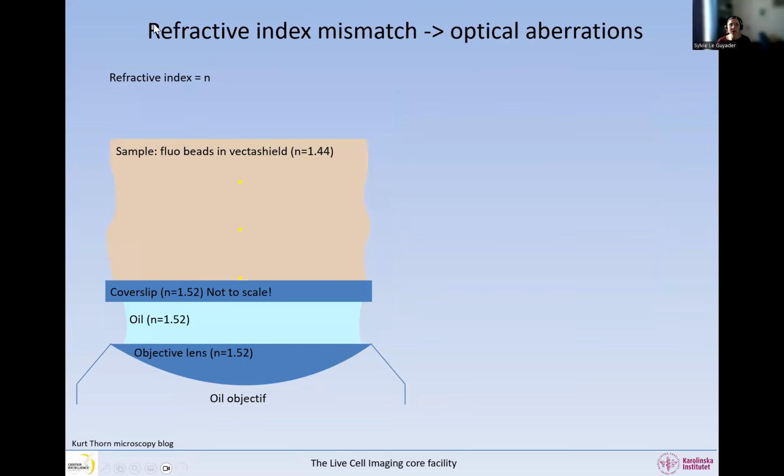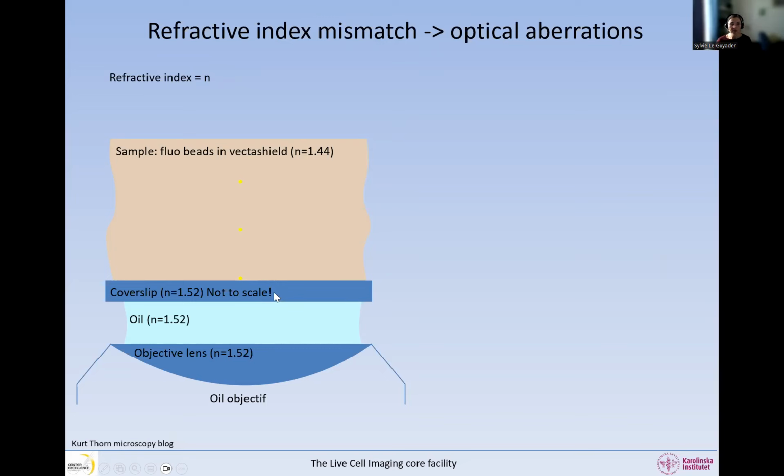Now, the optical aberrations that come from refractive index mismatch. So what I mean by refractive index mismatch, again, the objective manufacturers, when they design their objectives, they expect the excitation light to go undisturbed from the objective lens into the immersion medium of the objective, into the cover slip, and into the medium.